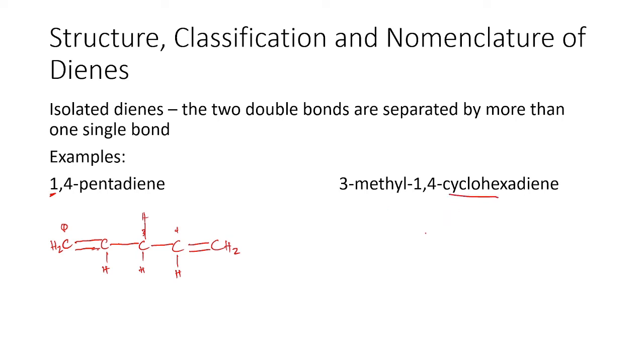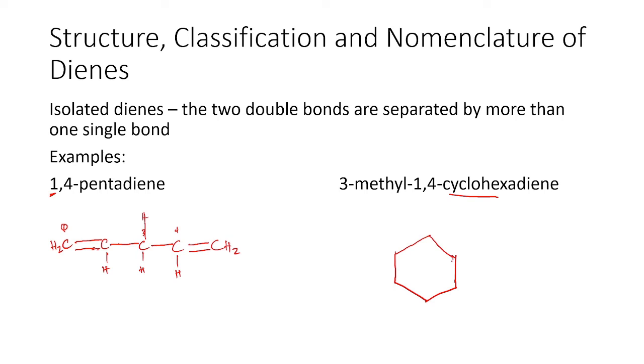So again, for the other example, we have here 3-methyl-1,4-cyclohexadiene. Cyclohex, meaning again, we will have a compound with six carbon atoms. Then I have here a methyl and a 1,4.